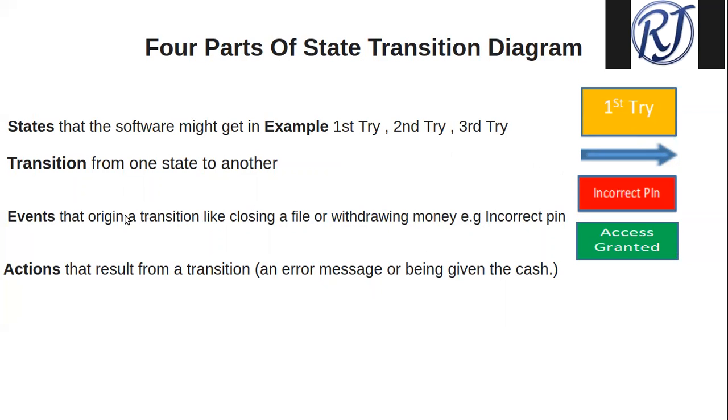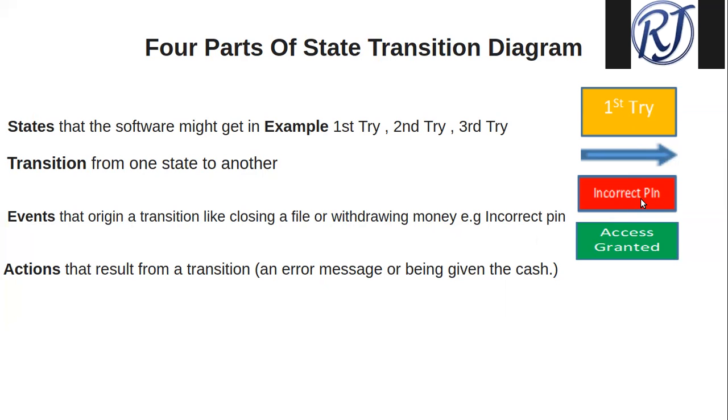Then event, that which originates a transition, like closing a file or withdrawing money, for example an incorrect pin. So an event is what causes the transition. So incorrect pin causes the transition.